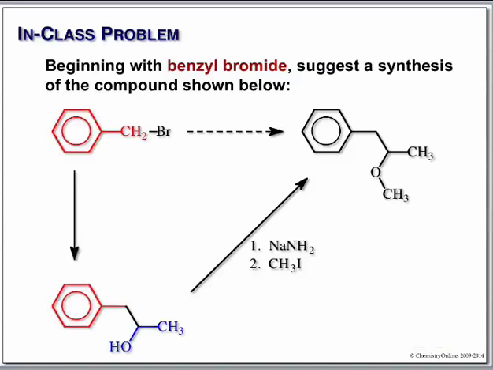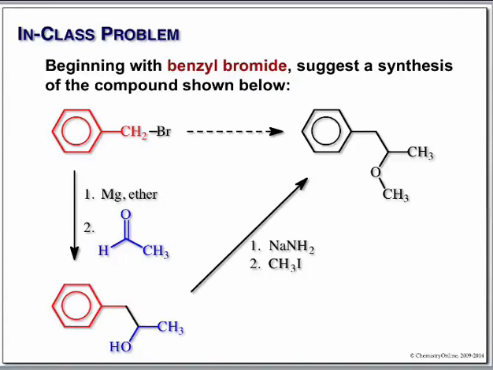So quickly draw the structure of our aldehyde. The aldehyde only had 2 carbons. Where the oxygen is was a carbonyl. There's a hydrogen attached because it's an aldehyde. And it simply is acetaldehyde.